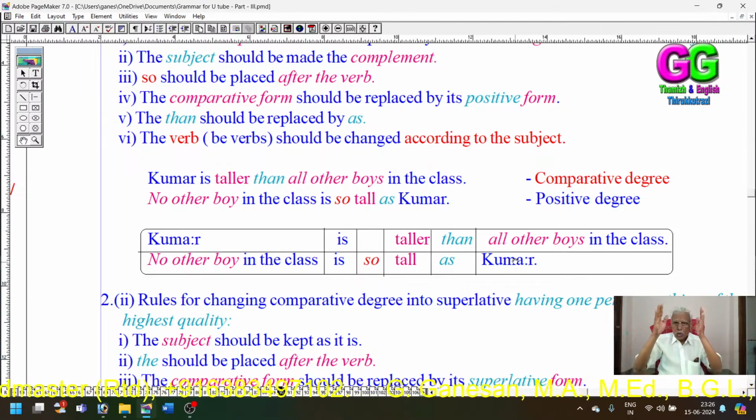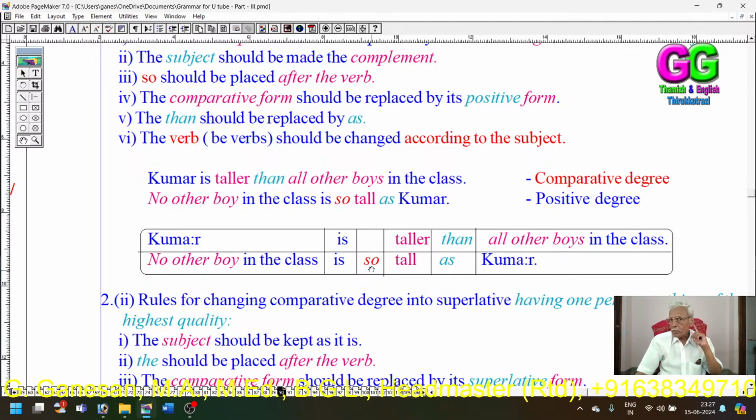Kumar is taller than all other boys in the class, comparative. No other boy in the class is so tall as Kumar, positive degree. So, six rules. First, in the complement, all other plural should be made no other singular, and this should be made the subject. Secondly, the verb is kept as it is because the subjects are both singular.